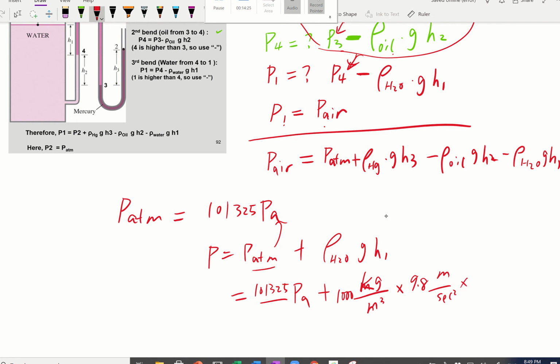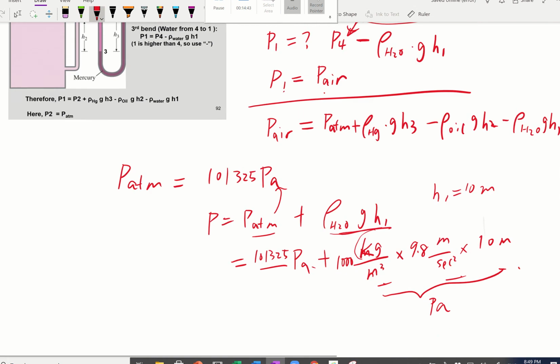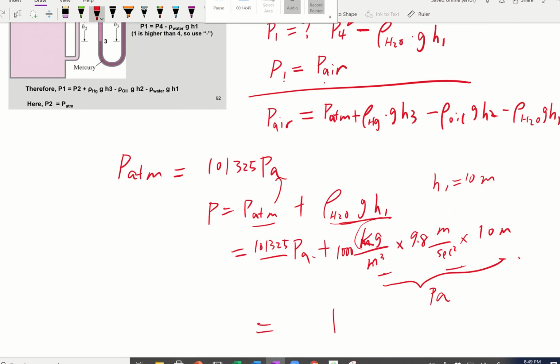And then height, for example, height here is 10 meters. So times 10 meters. I think we talked about earlier that with this rho g h, if you use the standard unit on all of those three terms, you're going to get the unit of Pascal. So you will be able to get the same unit in Pascal.